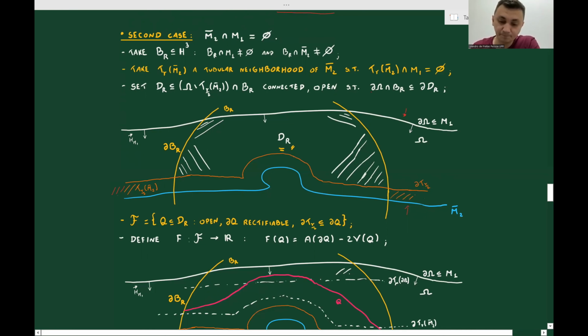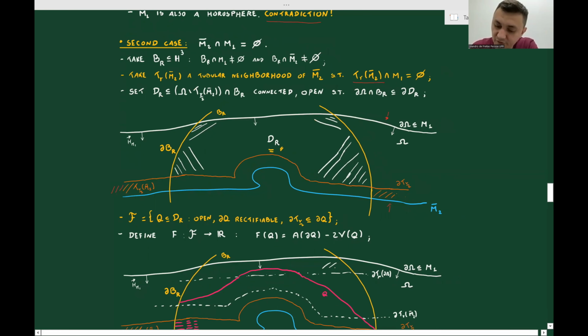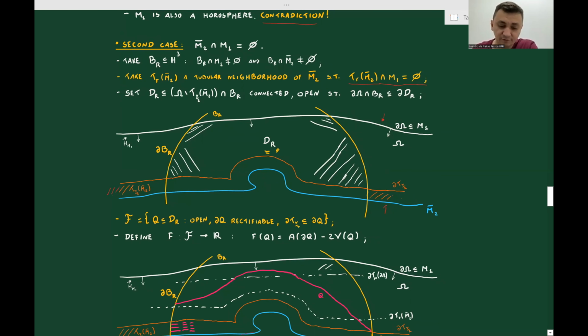Since M1 does not intersect the closure of M2, we can assume that this tubular neighborhood, for some R really small, does not intersect M1 either. So I will consider D_R, the region which is omega minus the tubular neighborhood, intersected with the ball.